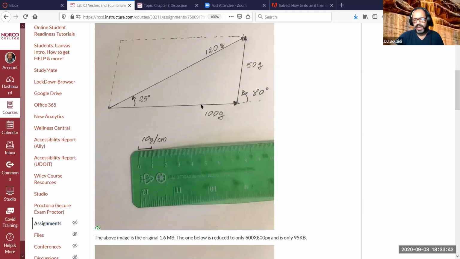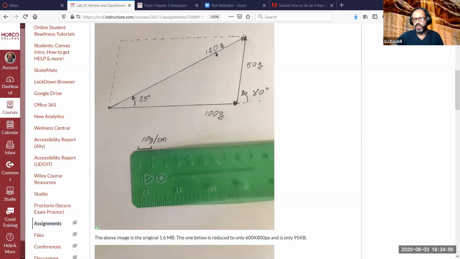What was given to me is the 100 grams and the 50 grams and the direction of both vectors. I draw those first, and then connect the two. Use the ruler. This was about 12 centimeters when I used the ruler. Multiplied by my scale, 12 times 10 is 120. So 120 grams, okay?